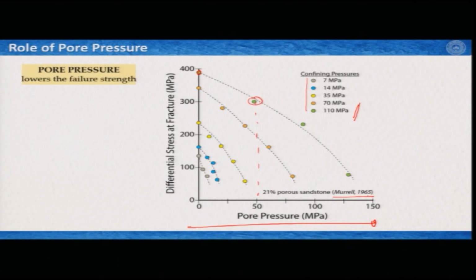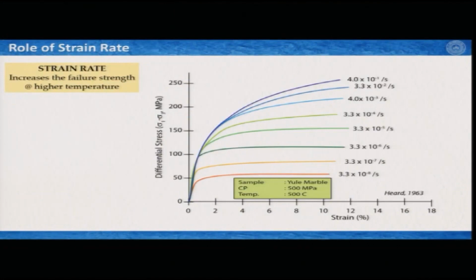So, increasing pore pressure is reducing the strength of the rock, and then probably at 75 or 80 megapascal pore pressure it further reduced, and again it further reduced when the pore pressure got increased, and this is obvious for all other values, but at different confinement. But the take home message again from this plot is that pore pressure reduces the flow and failure strength of rocks.